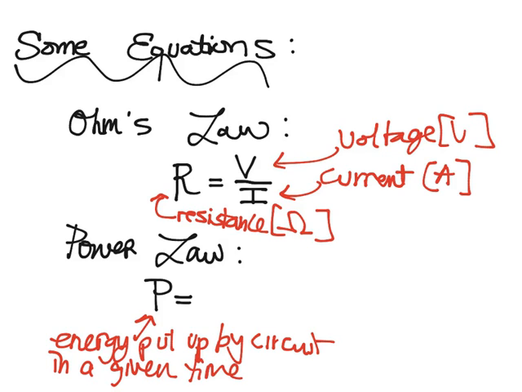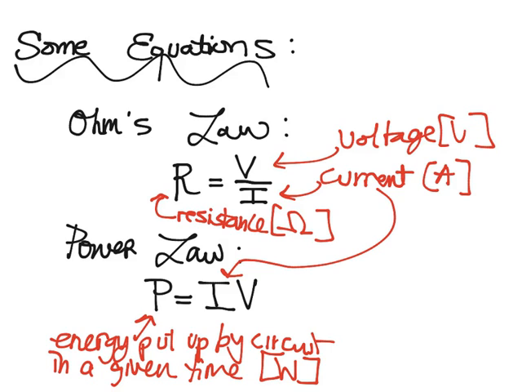Okay, but it's just power like before, which is in watts. So the power depends on the current, so how many electrons or how much charge is going through your circuit per second, times the voltage: P = IV. Okay, so again, current is our I, that's in amps, and voltage is in V.